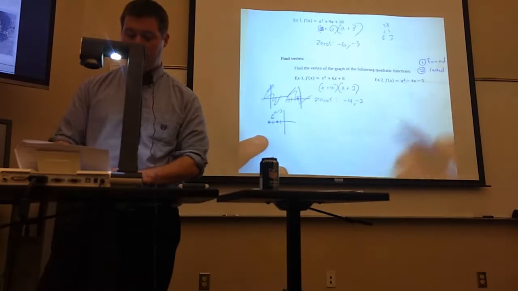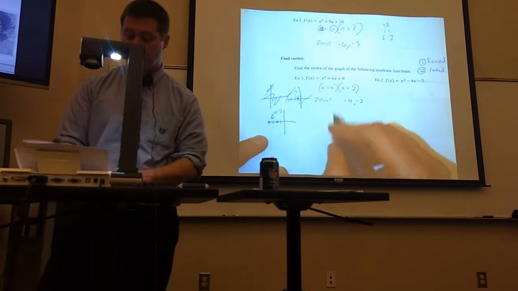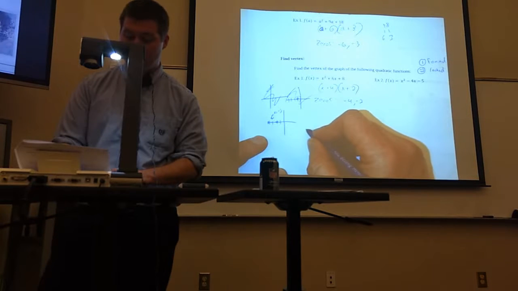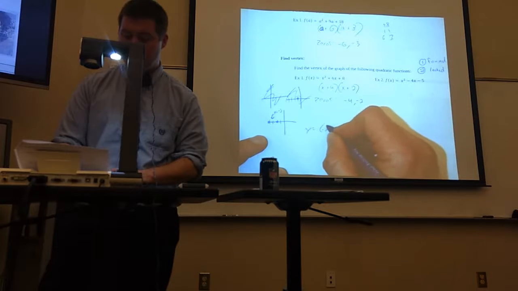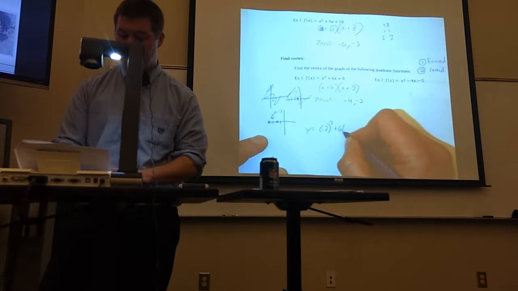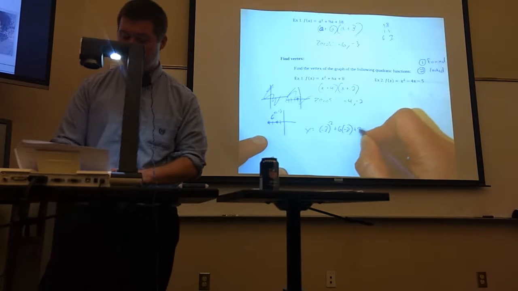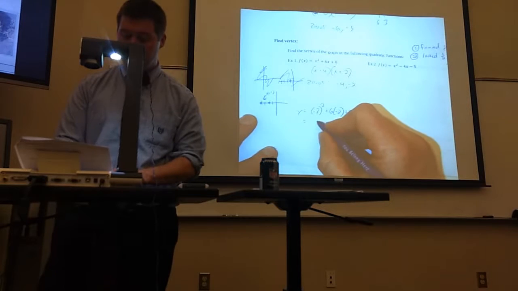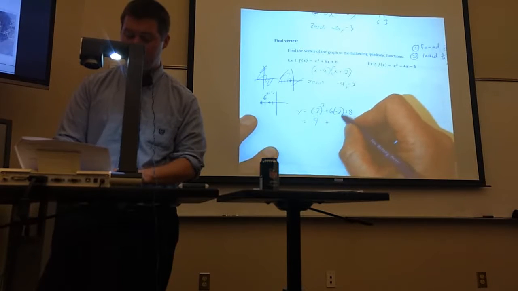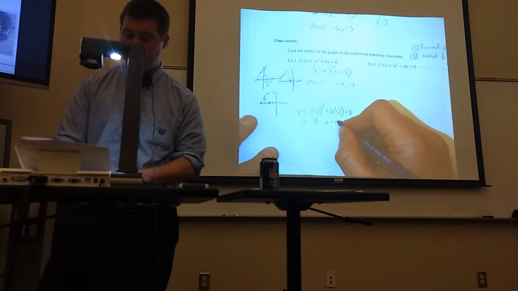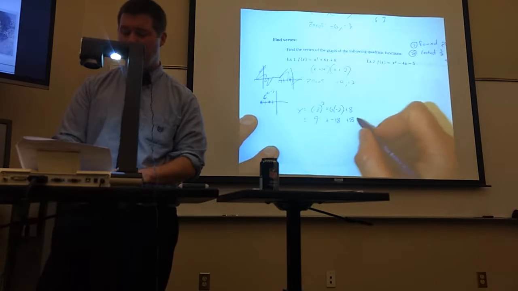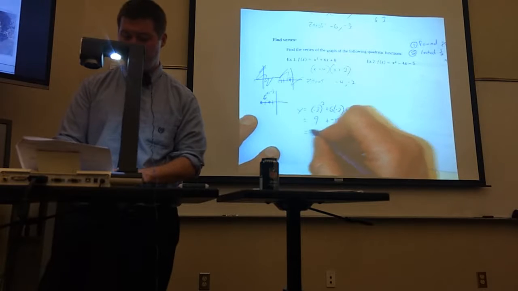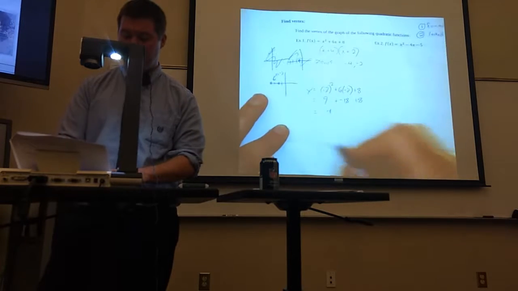To find the y, I would just plug x in. Negative 3 squared plus 6 times negative 3 plus 8. So that's 9 plus negative 18 plus 8. So negative 9 plus 8 is negative 1. And that gives us our vertex.